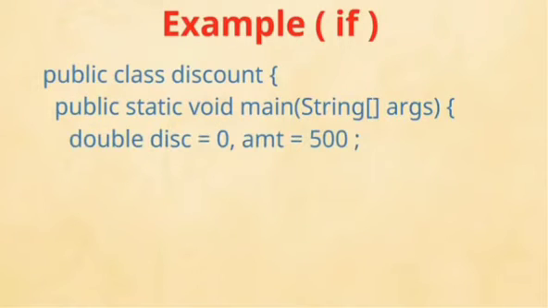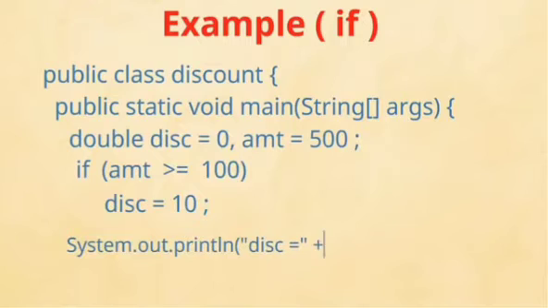Here is a program: if the amount is greater than or equal to 100, then only the discount of 10 is given. Otherwise, exit. Only if the condition is true do the next steps work.